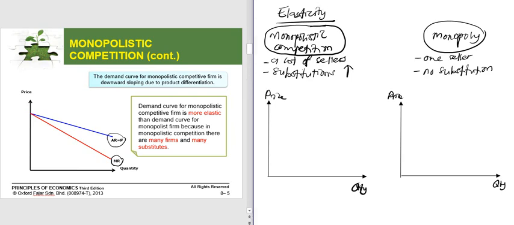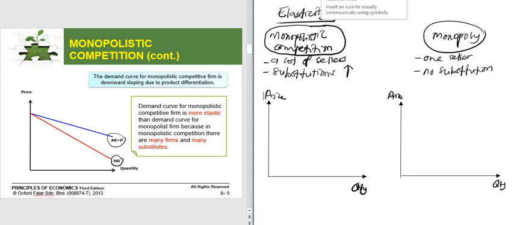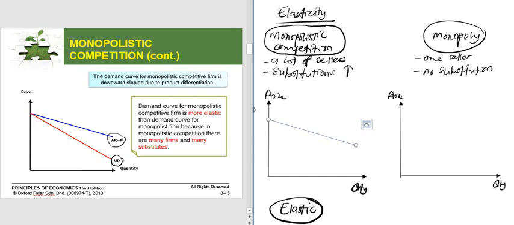So how do you draw the average revenue curve and the marginal revenue curve for these two market structures? Since the demand for monopolistic competition is more elastic, let me put it here, elastic, because there are a lot of substitutions for the product. So when you draw the average revenue, your curve will be a bit flatter, like this.